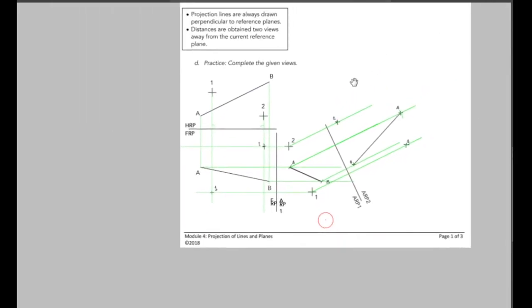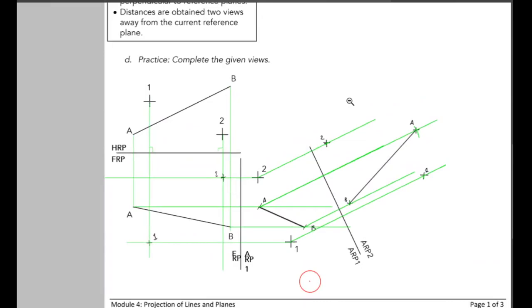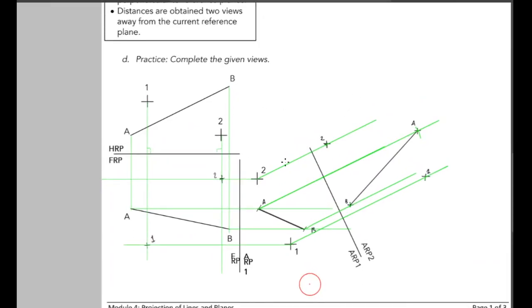So this is the completion of the given views, given the line AB and points 1 and 2, and we've filled out ARP1 as well as ARP2. Let me take a short break, class, and I'll continue the module in another video. Okay, peace out.